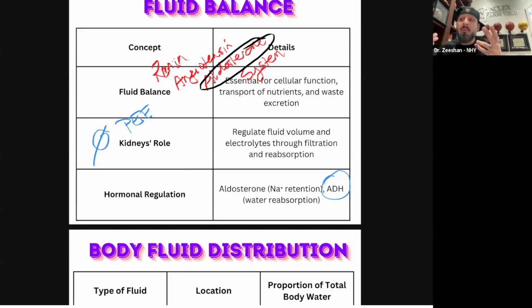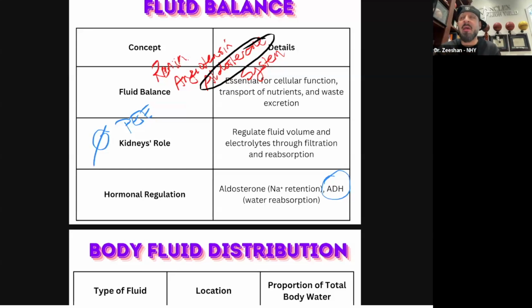So for me, when I had to think about diabetes insipidus, or I had to think about SIADH, the way that I think about it, I had to dumb it down for myself. And I thought about it in terms of peeing because it made sense to me. Instead of worrying about a hormone, I just thought about, okay, well, a diuretic makes me pee.